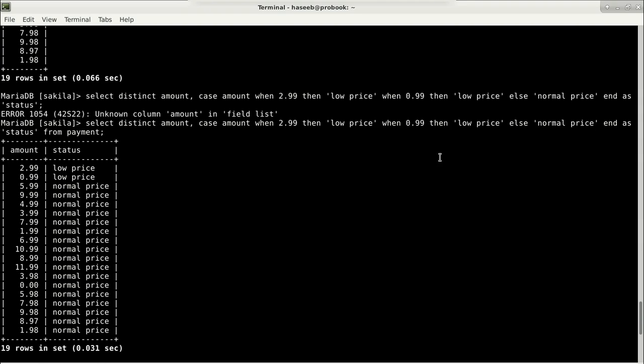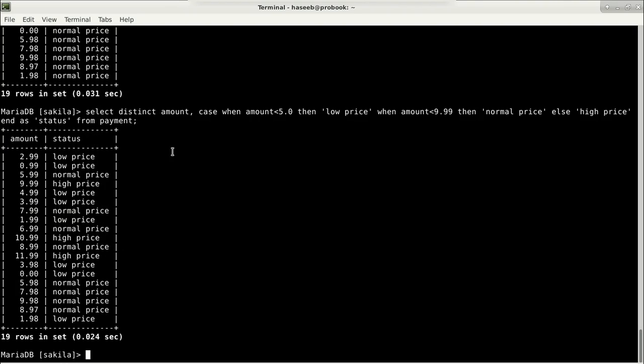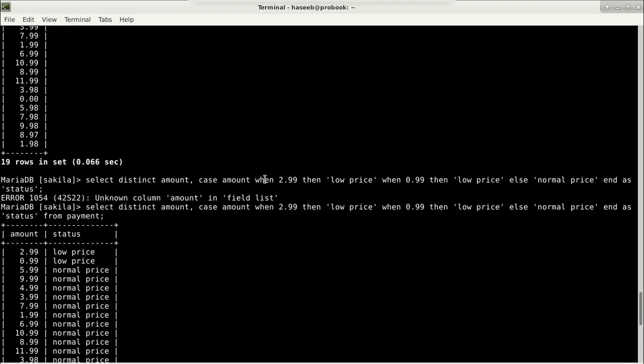In the second case, we don't give a value here. We don't give the column name or the field name on which we want to make a comparison, and we just write when, and here we can give criteria. This is a more flexible form in which we can use greater than, less than, equal to, greater than or equal to, or less than or equal to operators. But in the first syntax, there is only the equal to operator.